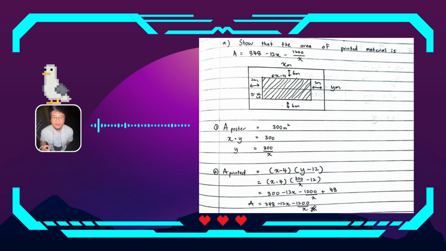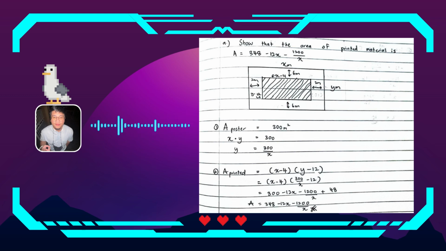For those who don't know how to get those values, please look at the diagram carefully because it is just simple algebra. Okay, the first step, we state the area of the poster equals to 300 meter square. So we represent the width and length as X and Y. So X times Y equals to 300, and we move one variable to the right.